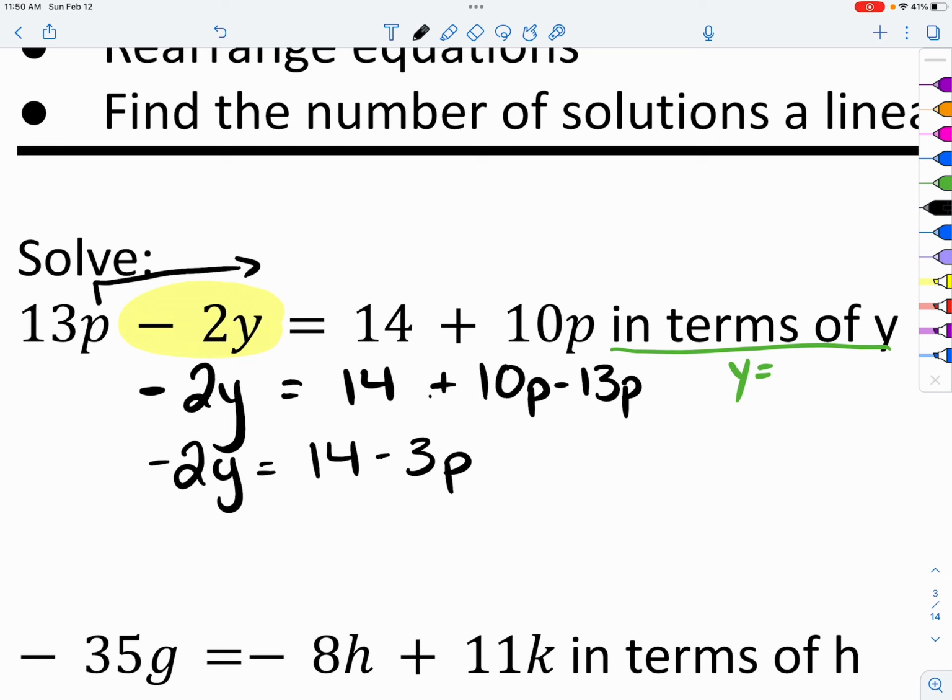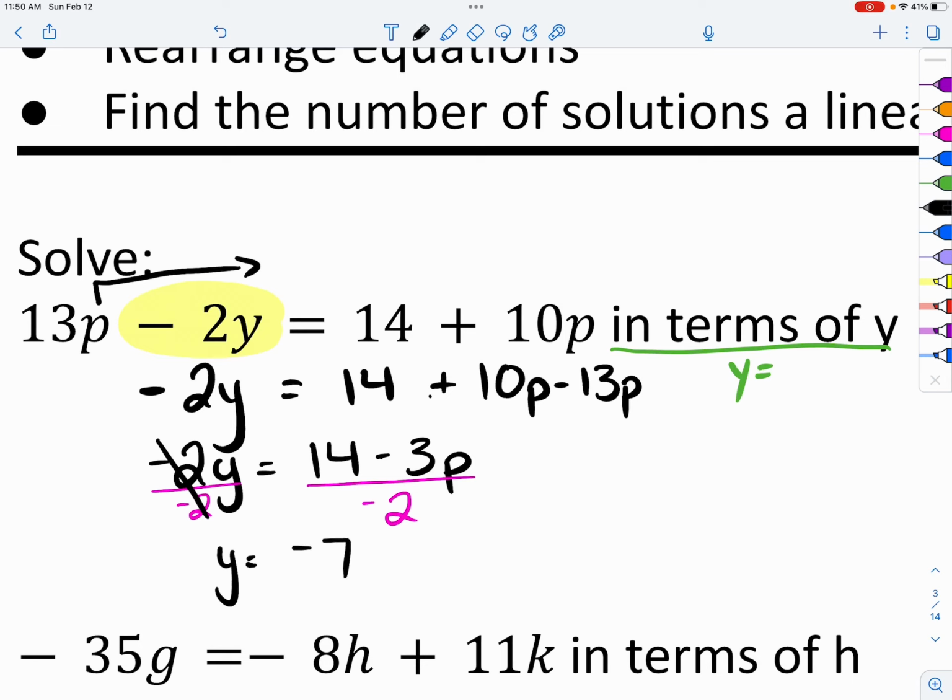So I have the y term by itself, but I want to rearrange for y, just one y. Currently I have negative 2y. So to get rid of the negative 2y, the inverse operation, divide everything by negative 2. So you have y equals 14 divided by negative 2, which is negative 7.